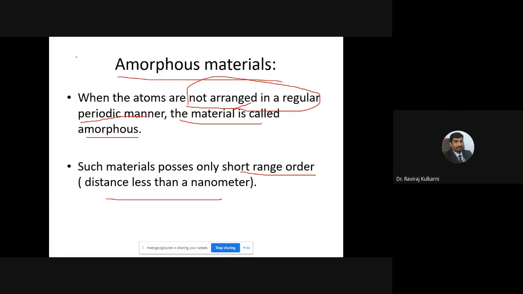They don't show any XRD patterns, because only crystalline materials show XRD patterns. They don't have definite crystal structure, they are randomly oriented, and there is no periodicity. That's the reason they don't show any XRD pattern.